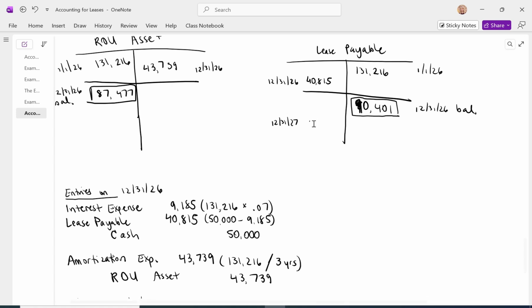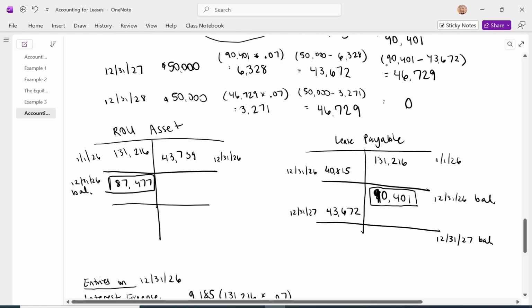I'm going to debit to reduce lease payable 43,672. So my balance in the lease payable account is going to be 46,729.